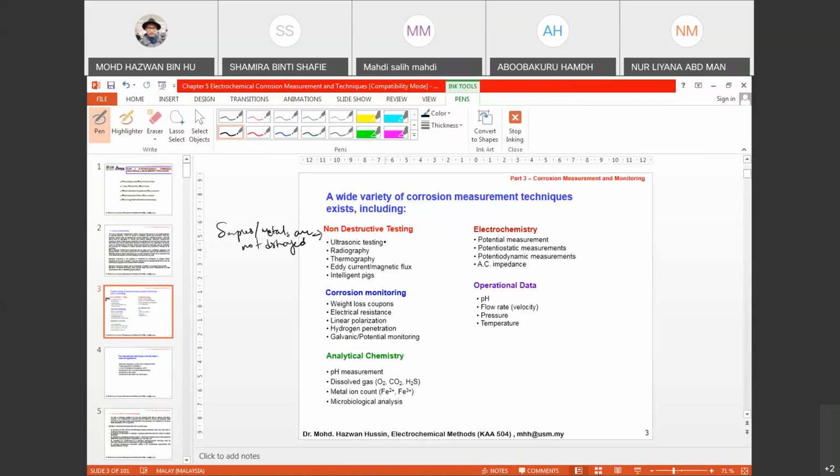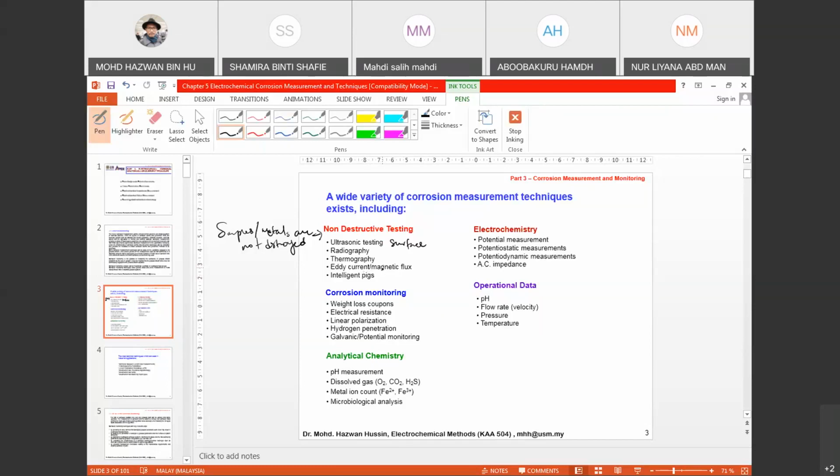For example, we have ultrasonic testing, because it's more or less surface analysis. Radiography is also another thing. Radiography will actually give you some information in terms of the density and the area of your metal specimen or samples.